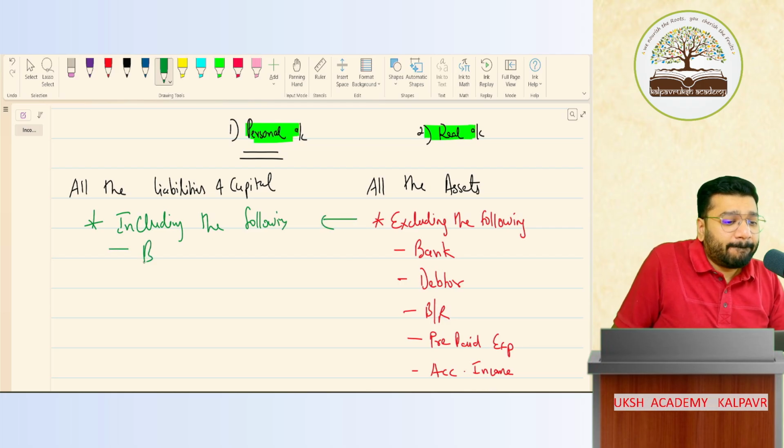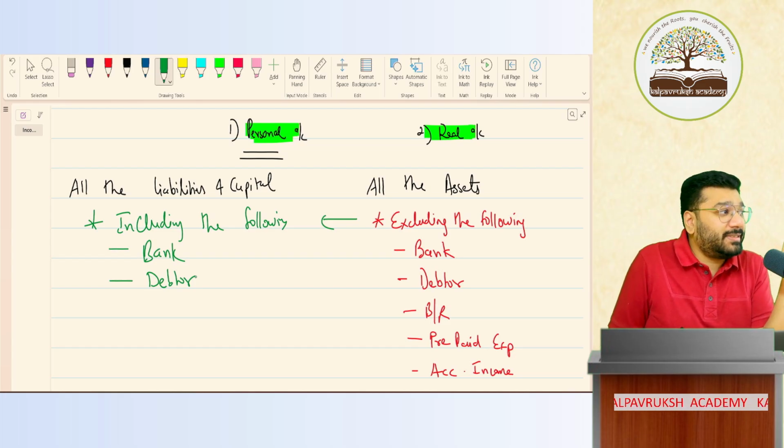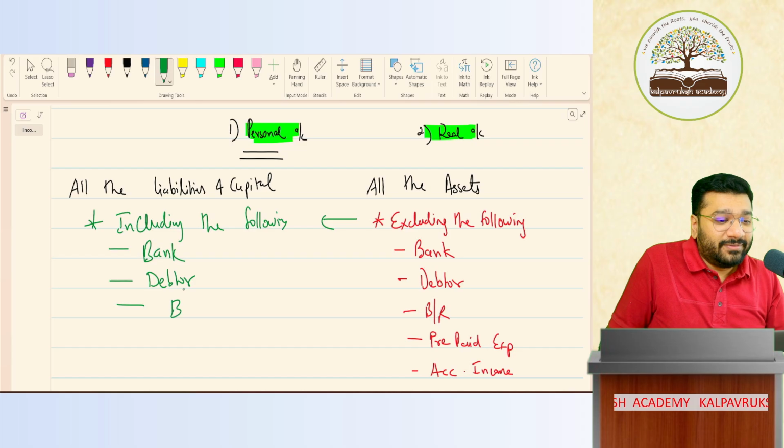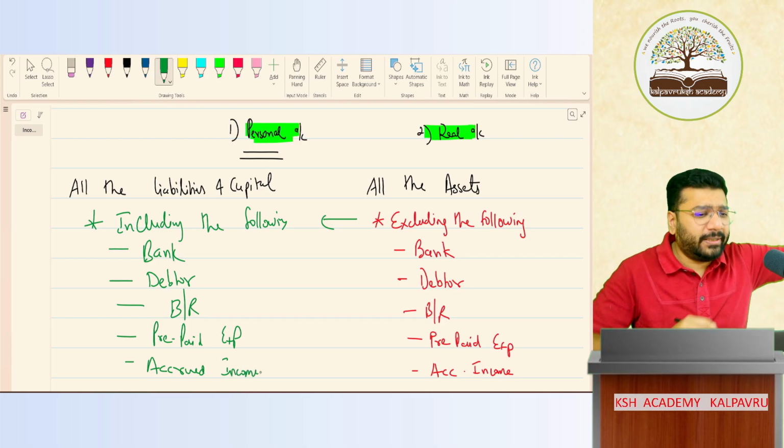Which are they? Bank, then debtor, bills receivable, prepaid expenses, then accrued income. Now what is all this? We have to explain, don't worry.